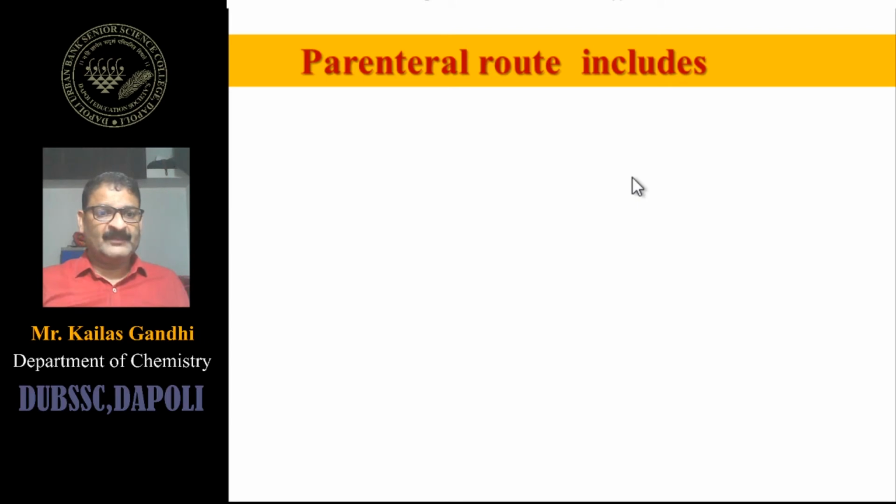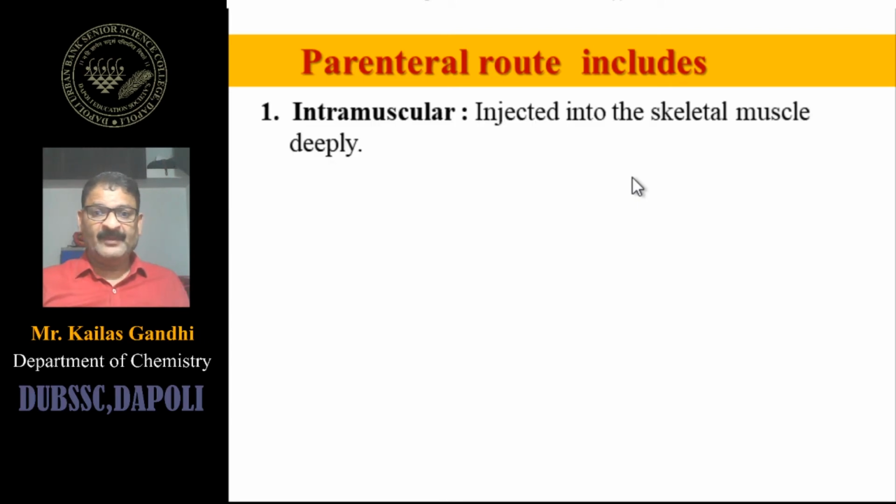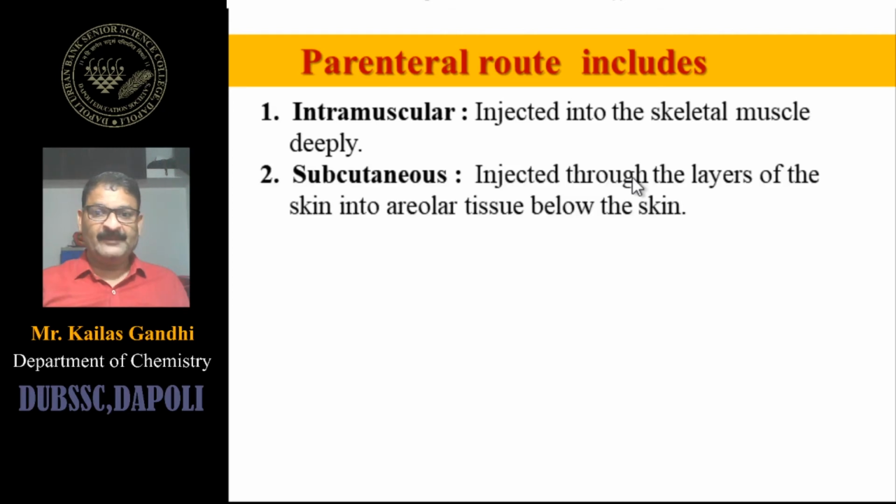आता regarding the parenteral route बघूया आपण कोणकोणते आहेत. One is the intramuscular route, injected into the skeletal muscle deeply. Then subcutaneous route means injected through the layers of the skin into areolar tissue below the skin.